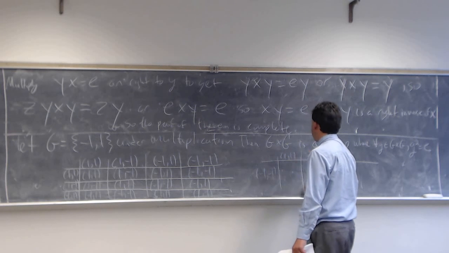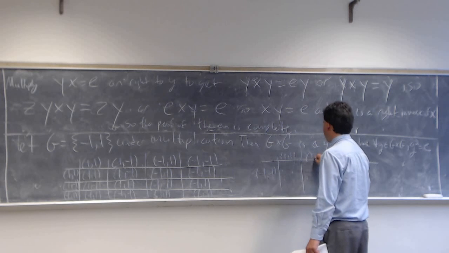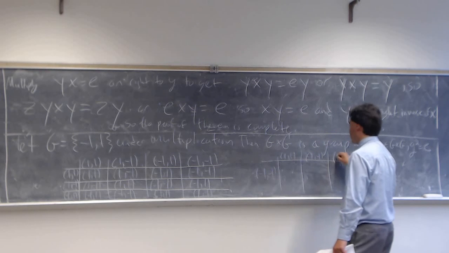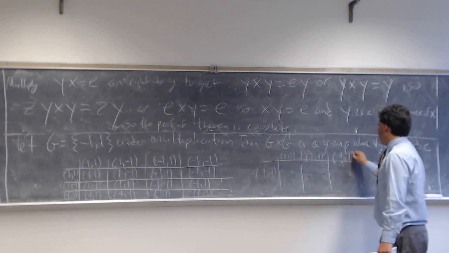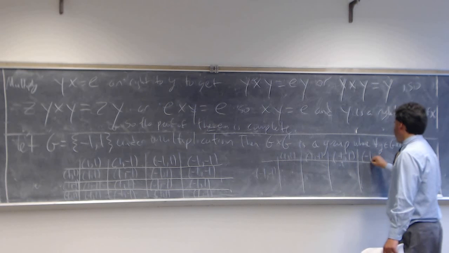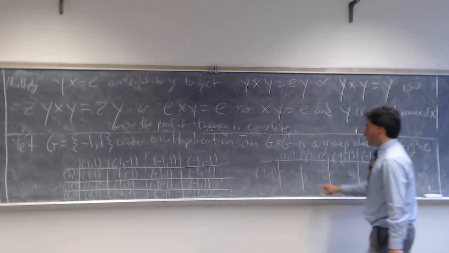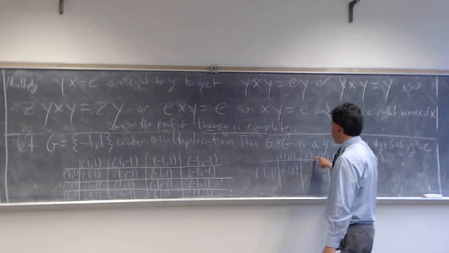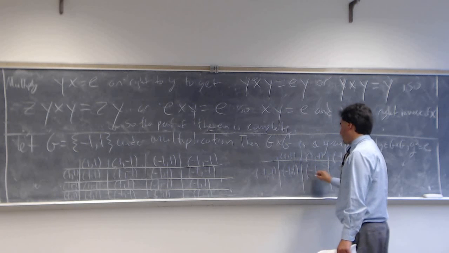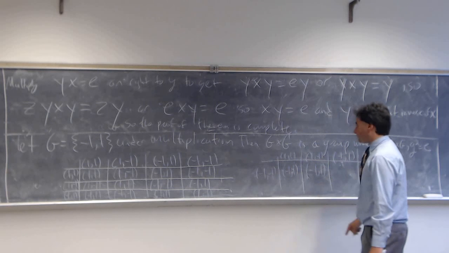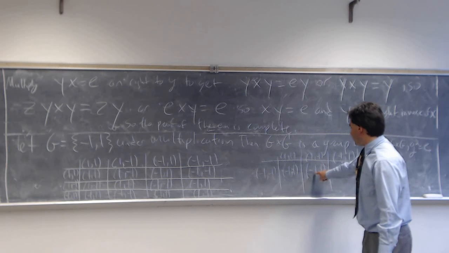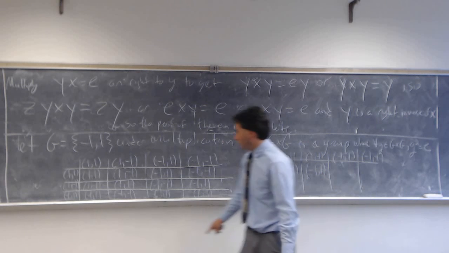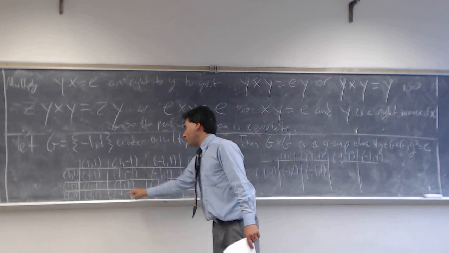(1, 1), (1, -1), (-1, 1), (-1, -1). And so this would be, of course, times the identity, it's going to be itself. This is (-1, +1), which it should be. Look, (-1, +1) is not in this column, which is good.